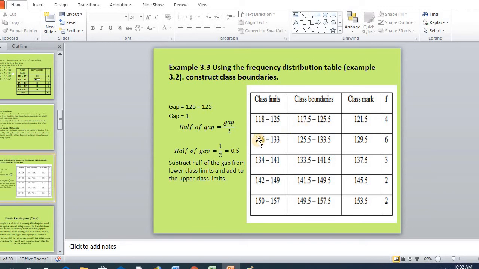So these become class boundaries. Now how can we obtain class marks? Add upper and lower class limits and divide by 2, class marks can be obtained. Or add upper and lower class boundary and divide by 2, class marks can be obtained. These are called class marks.